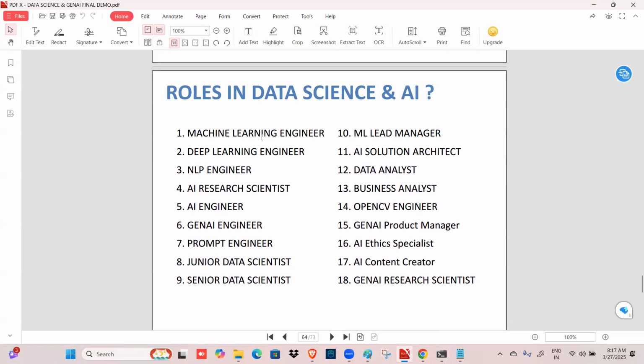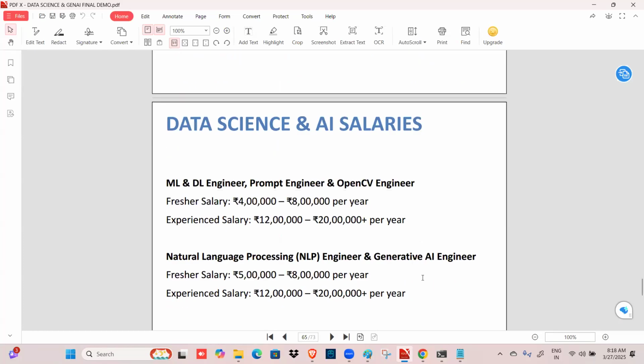If you are a fresher, you can start your career as an ML engineer, deep learning engineer, NLP engineer, AI research scientist, AI engineer, Gen AI engineer, prompt engineer, junior data scientist, senior data scientist, ML lead manager, AI solution architect, data analyst, business analyst, OpenCV engineer, Gen AI product manager, and prompt engineering as well. So yes, there are different types of roles.